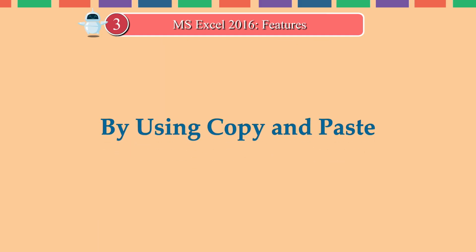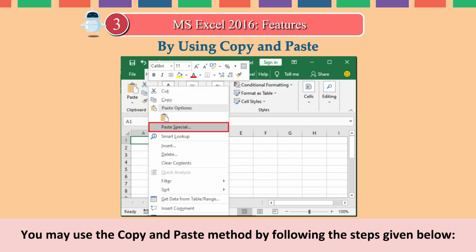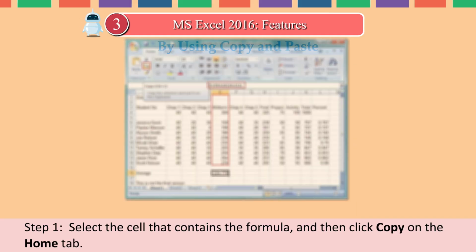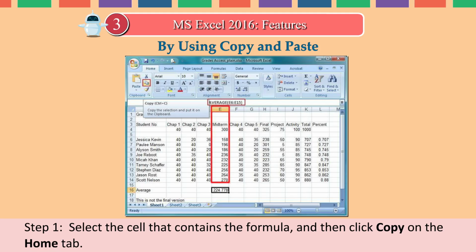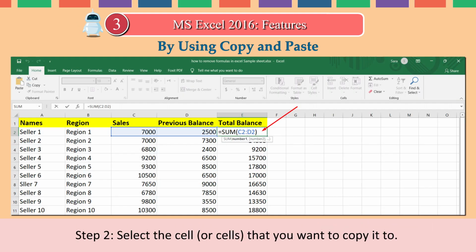By using copy and paste. You may use the copy and paste method by following the steps given below. Step 1. Select the cell that contains the formula, and then click Copy on the Home tab. Step 2. Select the cell, or cells, that you want to copy it to.